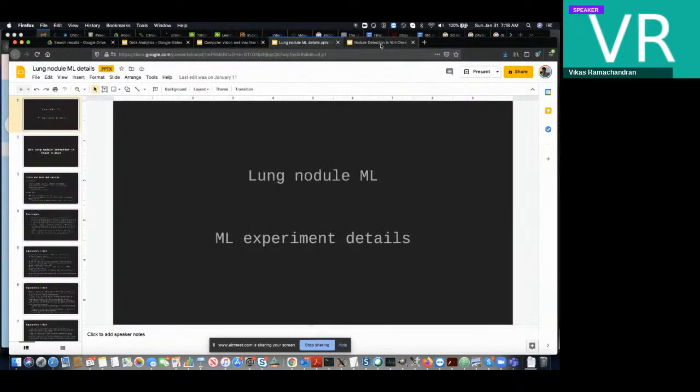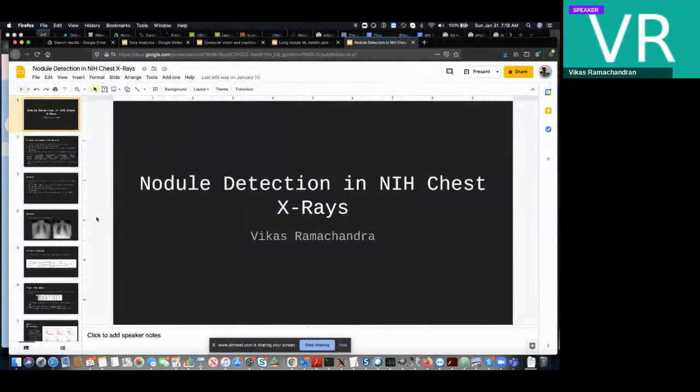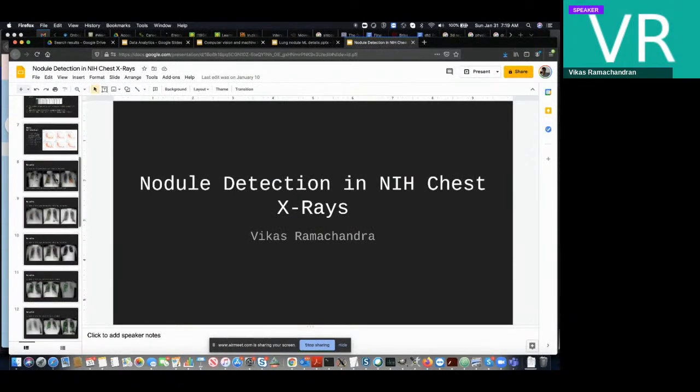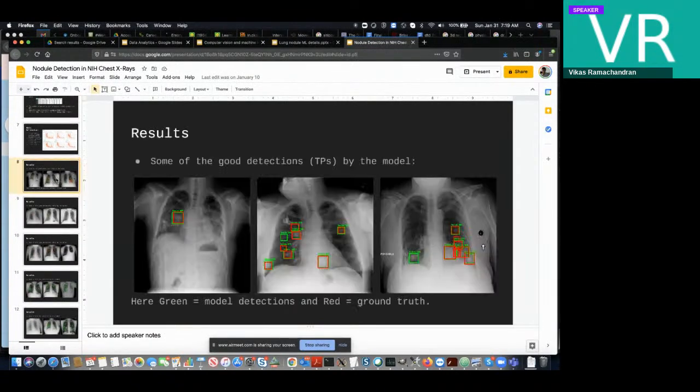So these are some lung nodule images, and the idea is, can we detect lung nodules from chest X-rays? And what are lung nodules? Lung nodules are typically cancerous type of indications which you see on an X-ray. And what's the main idea here?